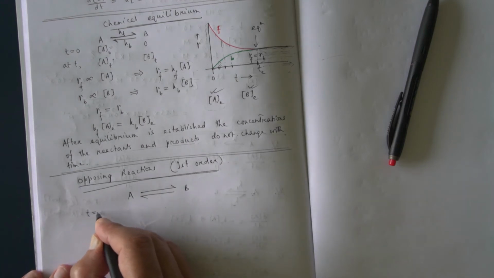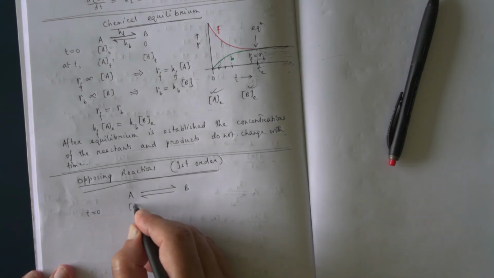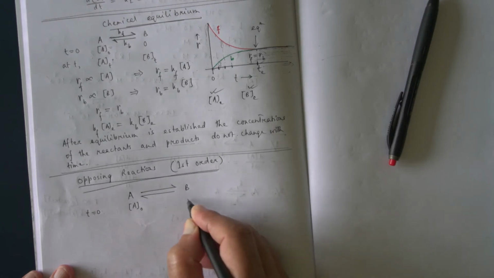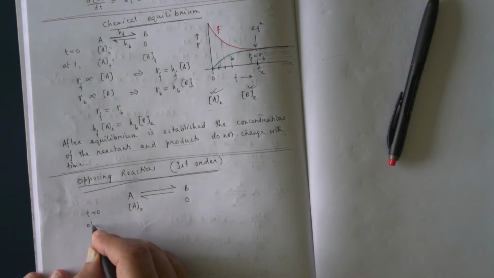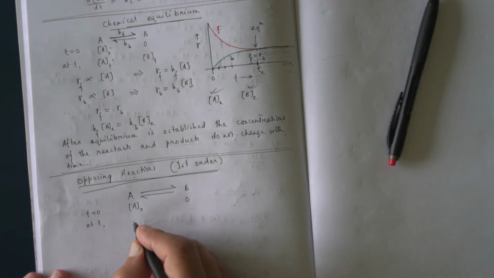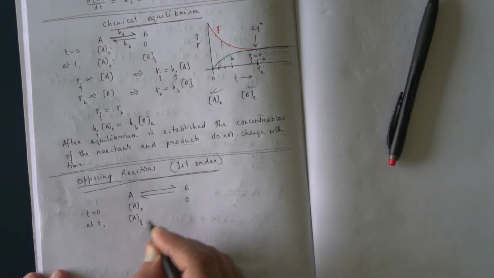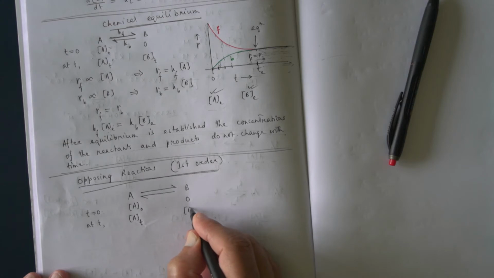Initially concentration of A is this, concentration of B is 0. At time t, concentration of A is this and concentration of B is this.